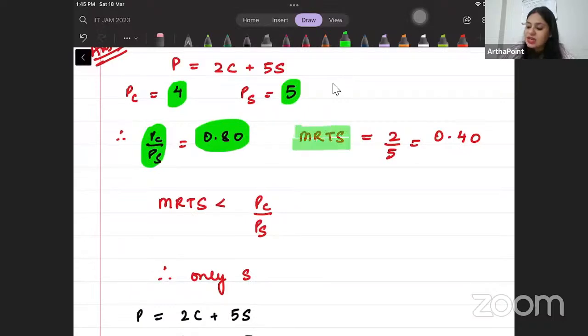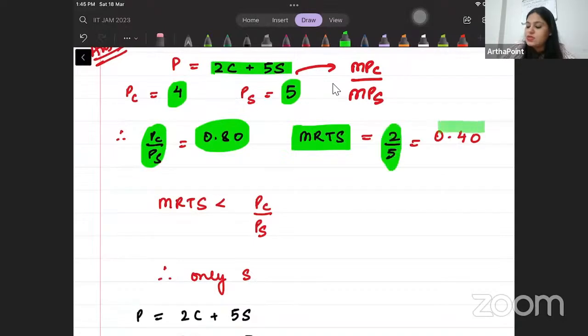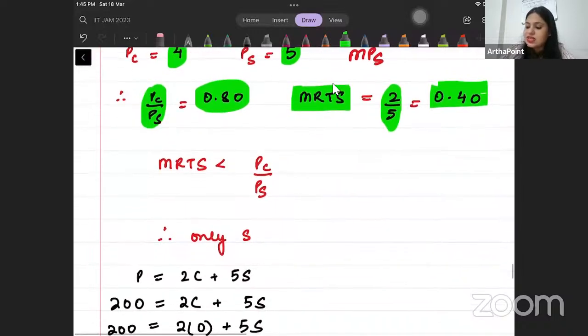Our MRTS is the slope of this, so it is MPC by MPS, which is going to be 2 by 5, which is 0.40. Clearly, we can see that MRTS is less than PC by PS.